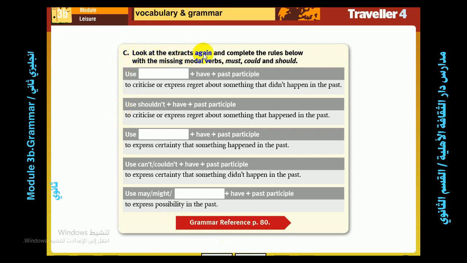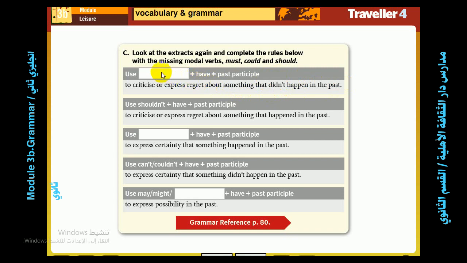Look at the extracts again and complete the rules below with the missing modal verbs: must, can't, and should. Use should plus have plus past participle to criticize or express regret about something that didn't happen in the past. Something didn't happen, I wish it had happened.